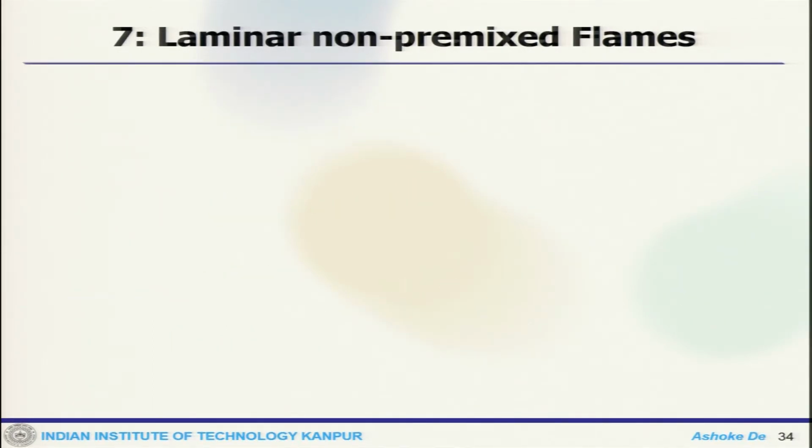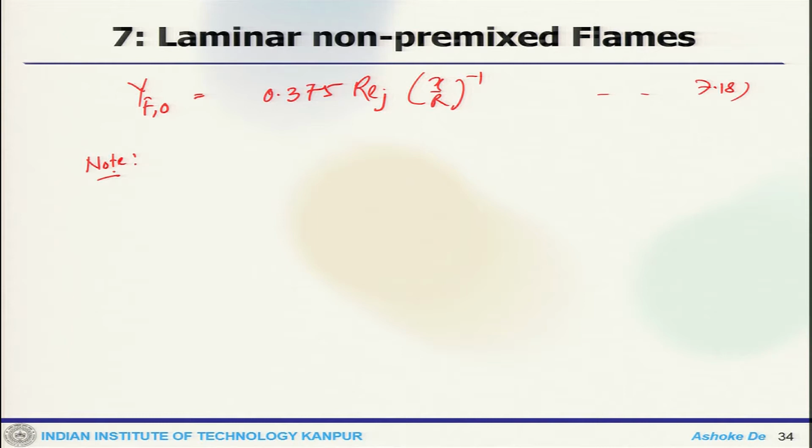Similarly, one can find the central line values of the mass fraction. So, the central line value of the mass fraction, Y_F naught, would be 0.375 Re_j, similar to the velocity profile. Now, again one has to note that all these solutions are valid far from the nozzle.